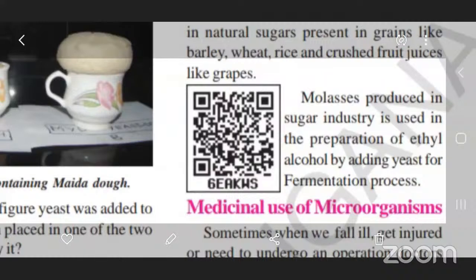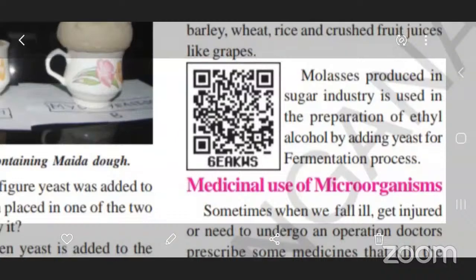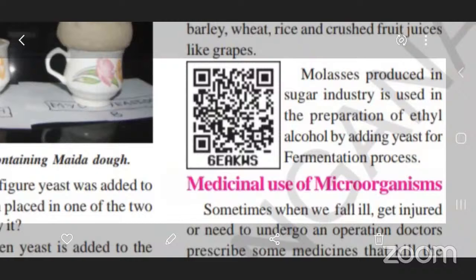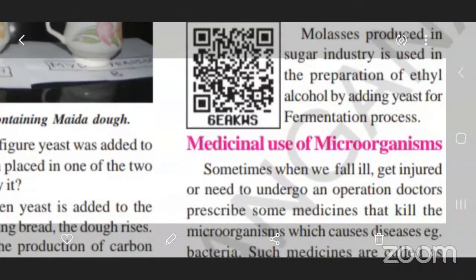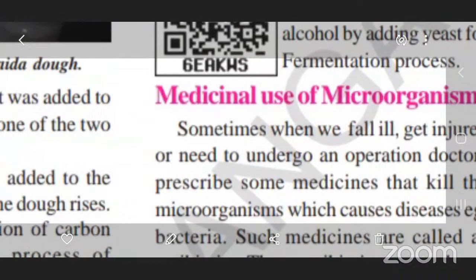Molasses produced in the sugar industry is used in the preparation of ethyl alcohol by adding yeast for the fermentation process. Okay, next, medicinal use of microorganisms.